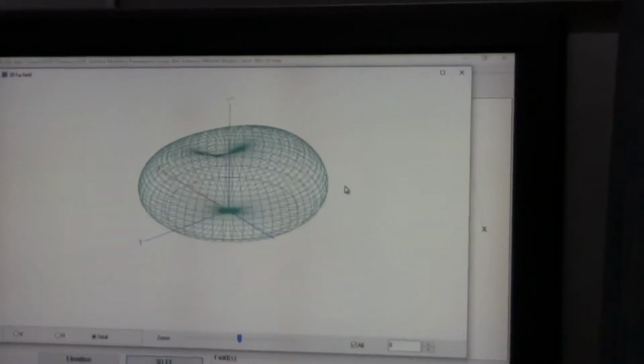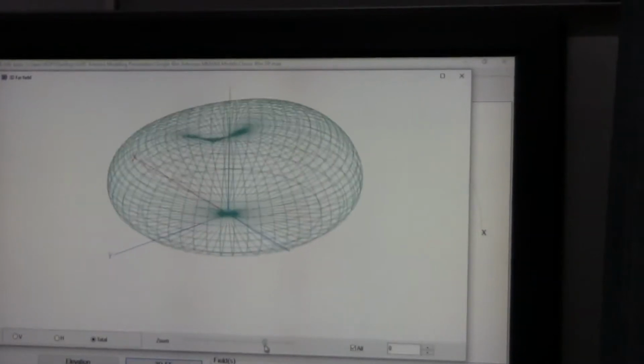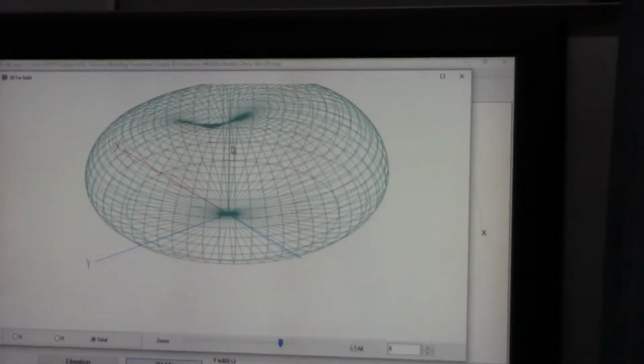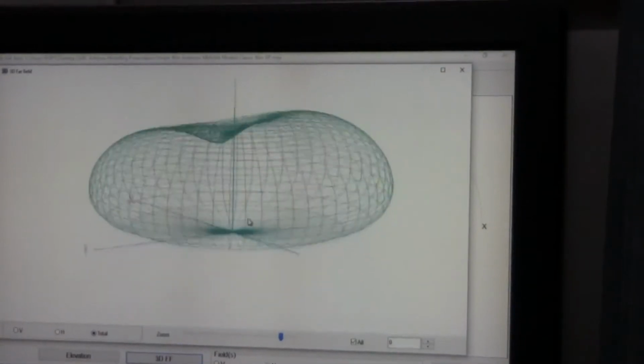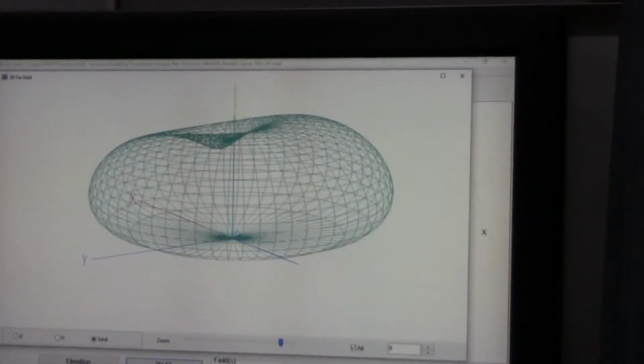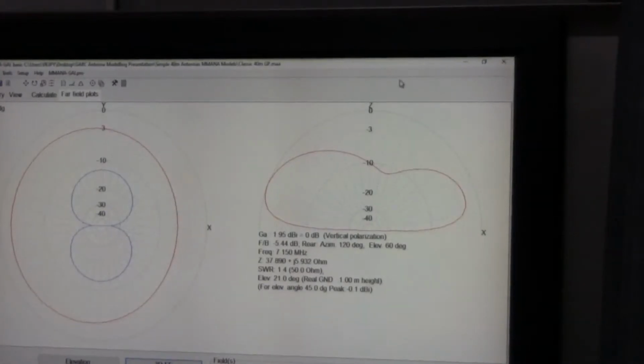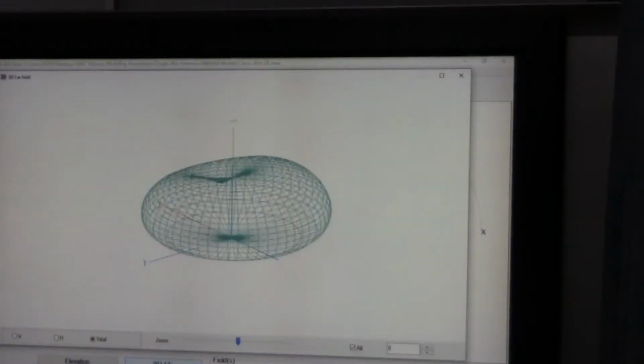Let's make it a bit bigger. Okay, so you can see it's spraying some at higher angles there. But essentially it's still a ground plane. Show the blue horizontal field. I'm not sure whether it actually does.